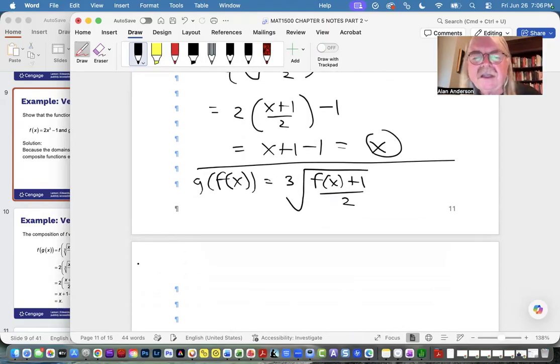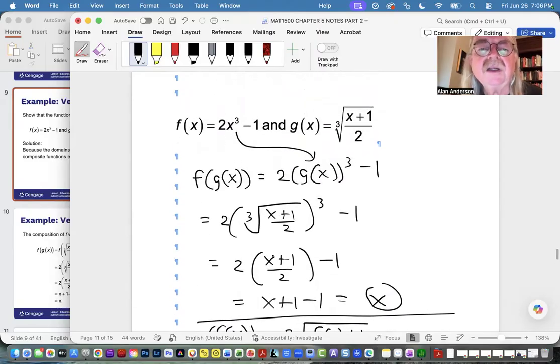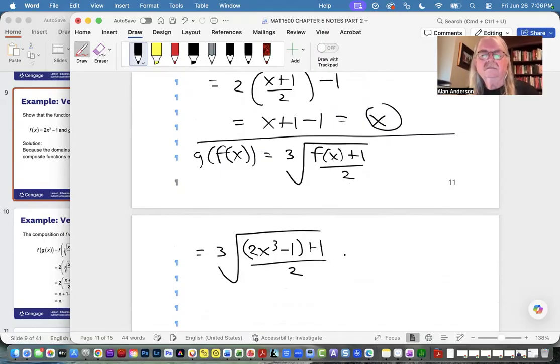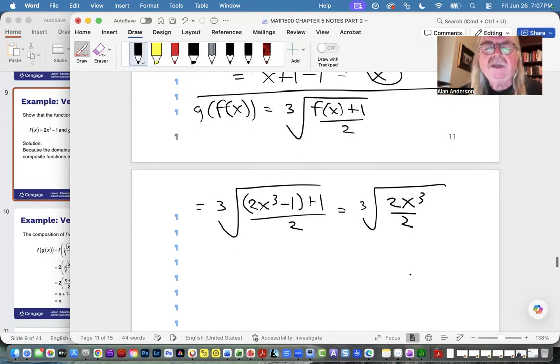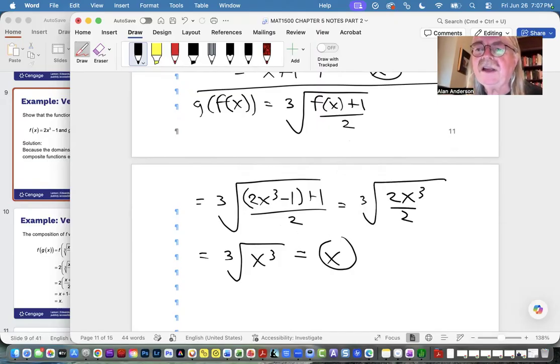And now we replace that f of x with its definition, which was 2x cubed minus 1. And then we have x. And we're all set. So we just proved that they are, in fact, inverses.